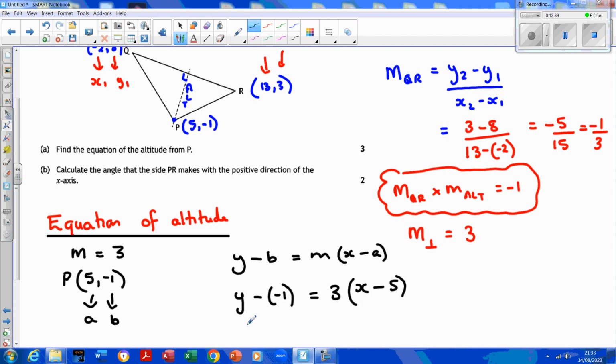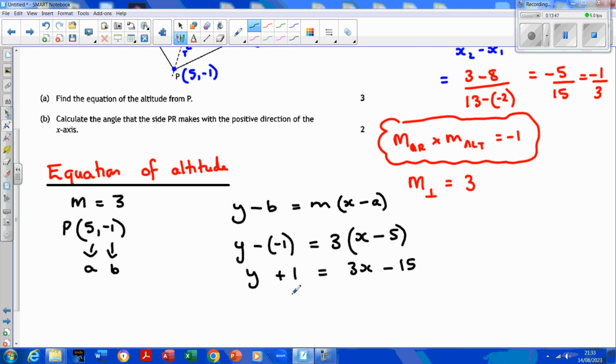So we know that that is y plus 1. That's equal to 3x's minus 15. I don't want that plus 1 to be there, so I'm going to take 1 away from both sides. So y is equal to 3x's minus 16. And that's the equation of the altitude from P. So that's 3 marks for that one.